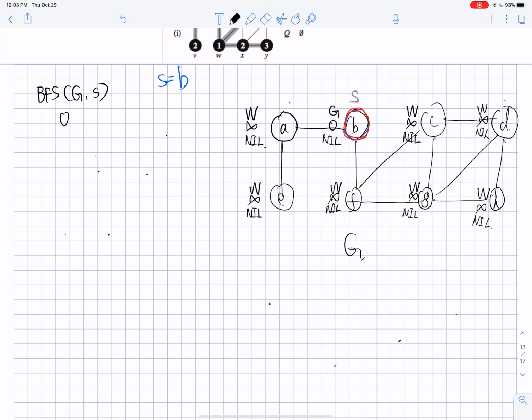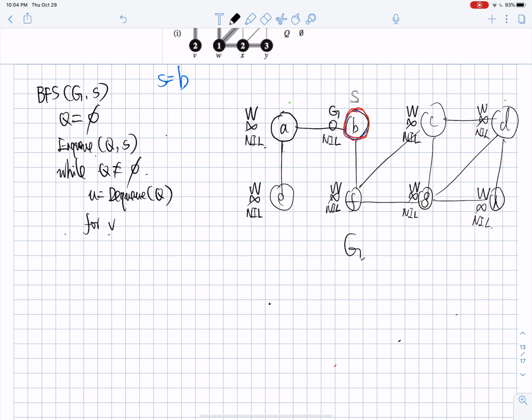The second part starts with this queue. We create an empty queue, and then we enqueue s, and then while the queue is not empty, we dequeue u.